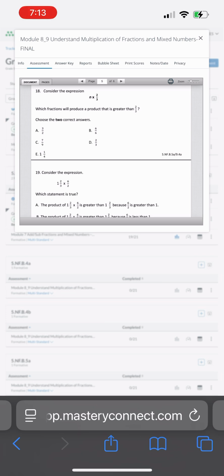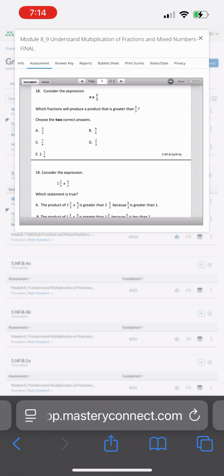Number 18. Consider the expression n times 2/3. Which fractions will produce a product that is greater than 2/3? Choose the two correct answers.